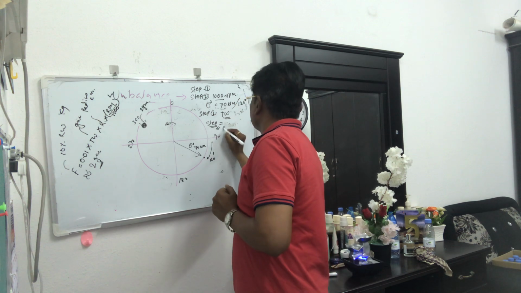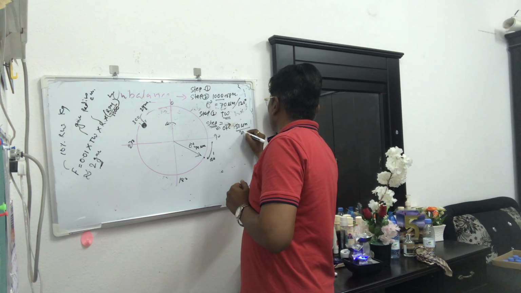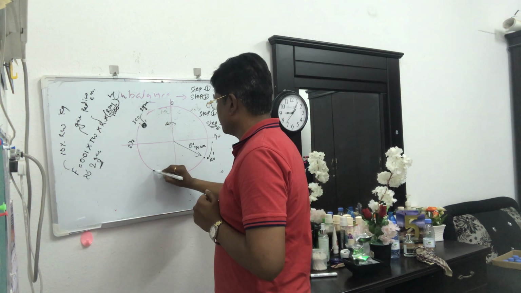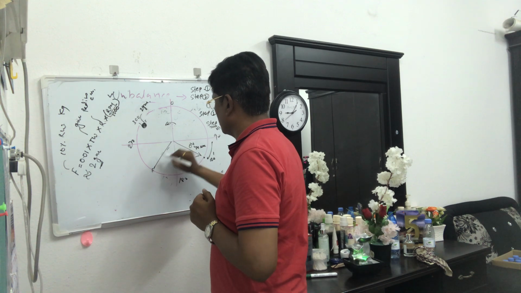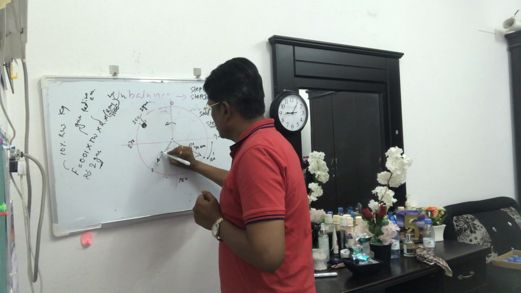That is O plus C. 50 microns at 225 degrees. 225 will become somewhere here. Okay, this is O plus C.